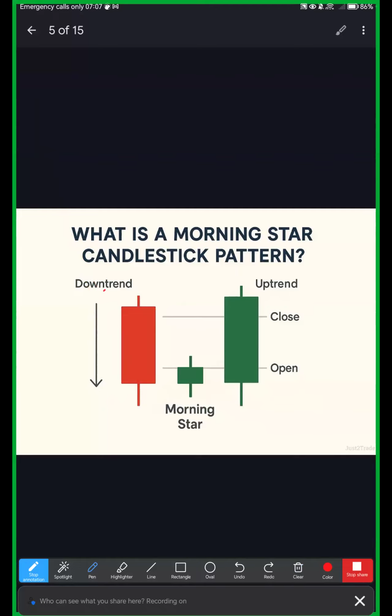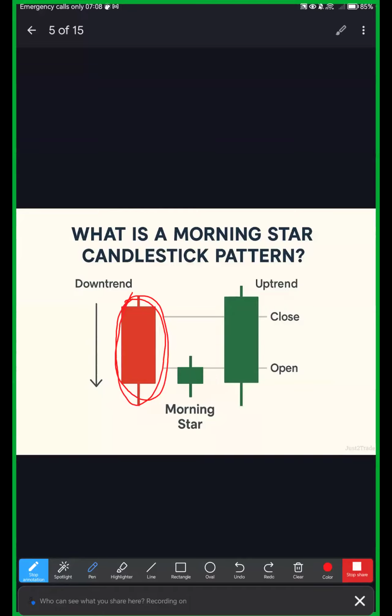This candle signifies that sellers are still in control. Actually, there is strong selling pressure, as you can see from the way the candle looks.